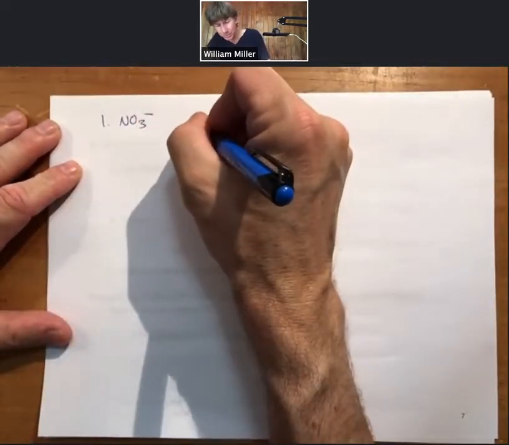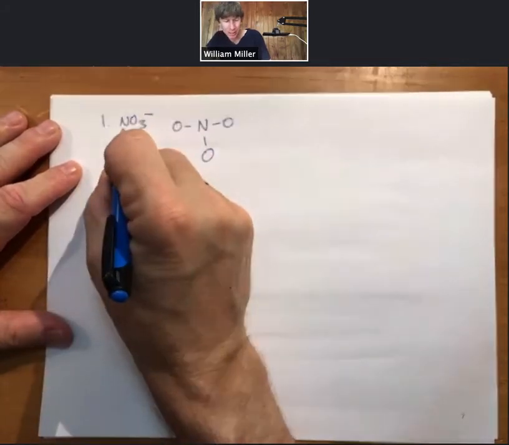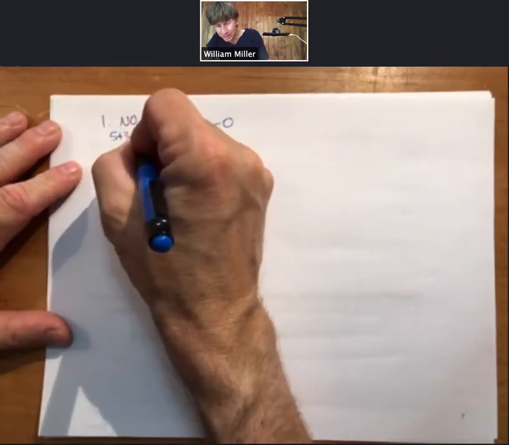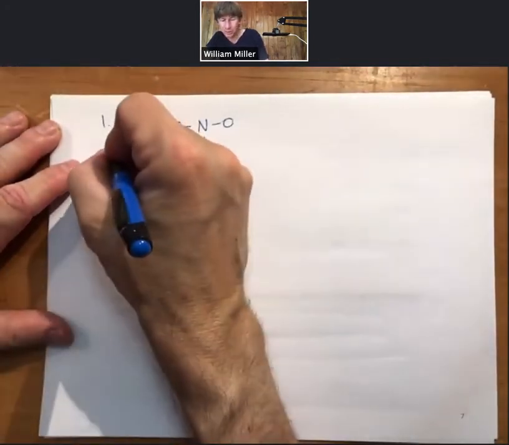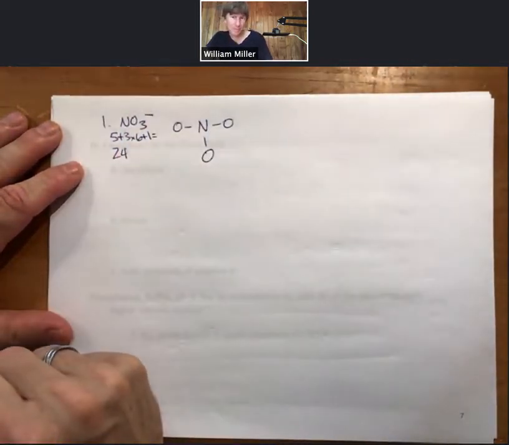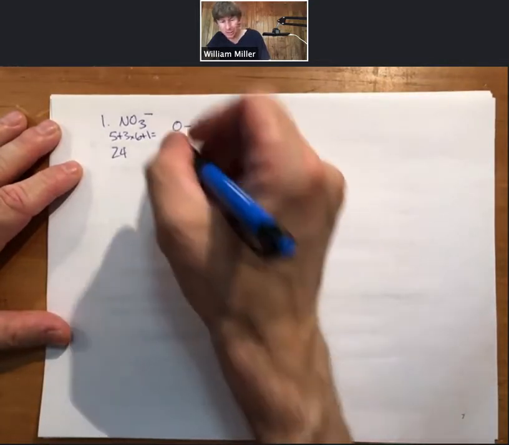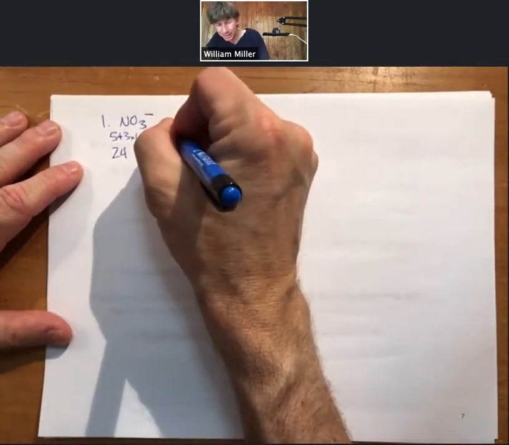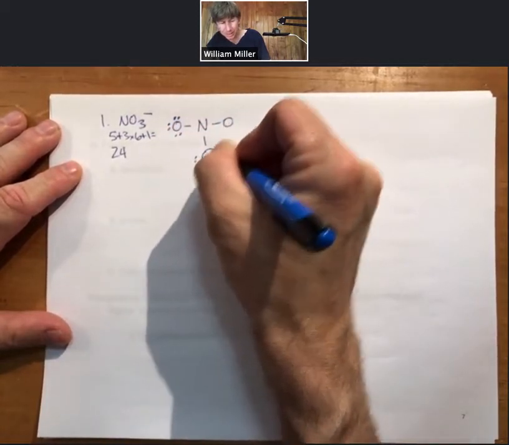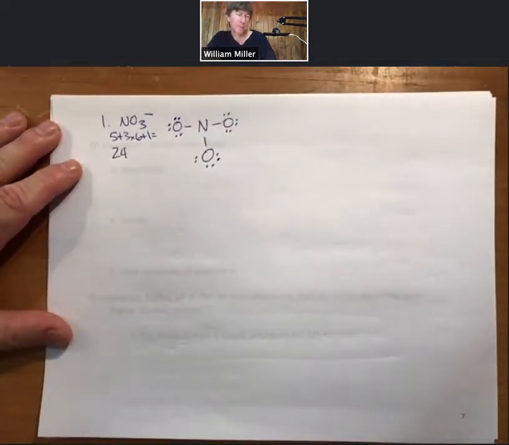We're going to do 5 plus 3 times 6 plus 1. We have 24 electrons. And we have 2, 4, 6 electrons in here so far. 8, 10, 12, 14, 16, 18, 20, 22, 24.